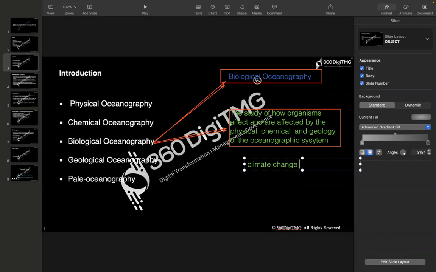Biological oceanography ties closely with physical and chemical oceanography.